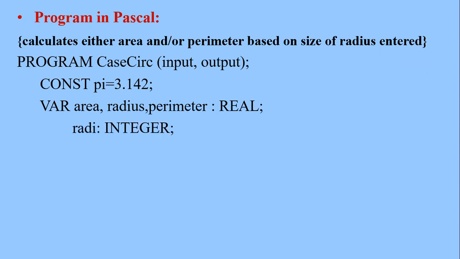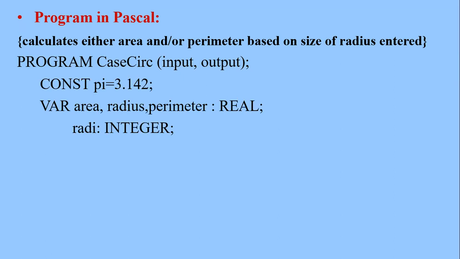We also now declare a variable called radii, which is an integer, so that when we round our area or perimeter for the sake of using it in the case, we store that value in radii as a whole number. Remember, case or switch can only work with an integer, a whole number, or a character constant.